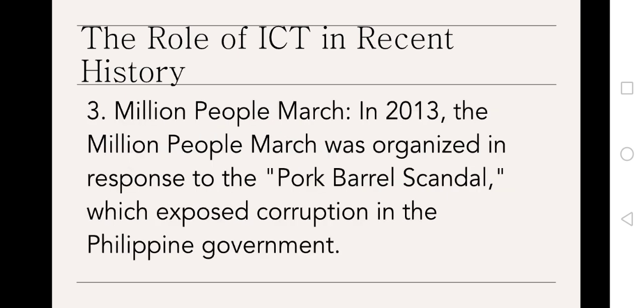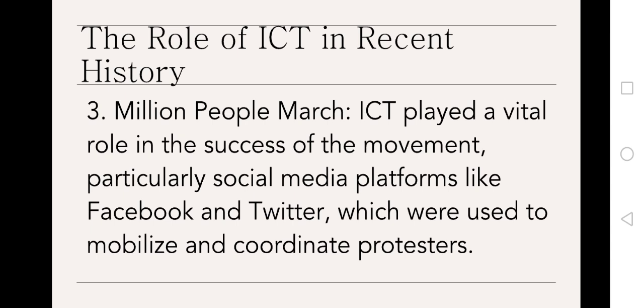So the third event is the Million People March. The Million People March happened in 2013. It was organized as the people's response to the pork barrel scandal that exposed the corruption in the Philippine government. ICT played a vital role in the success of the movement, particularly through different social media platforms.